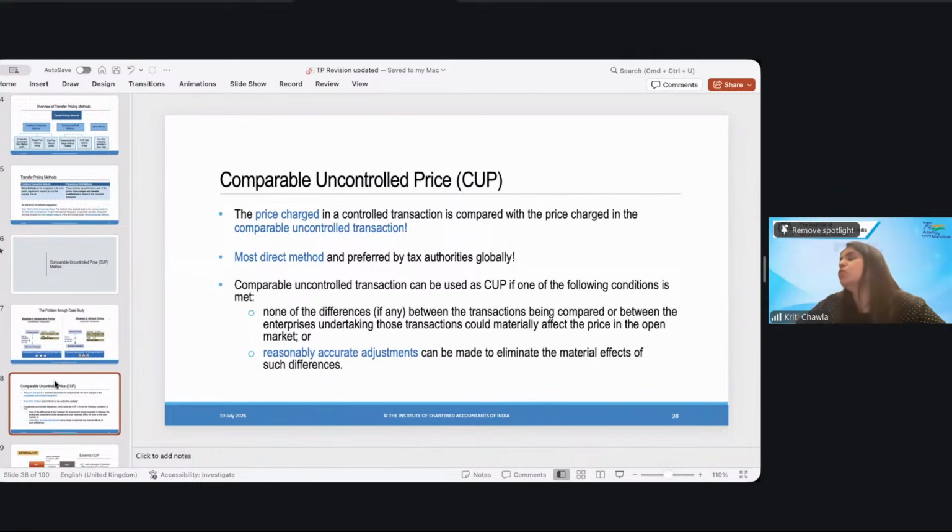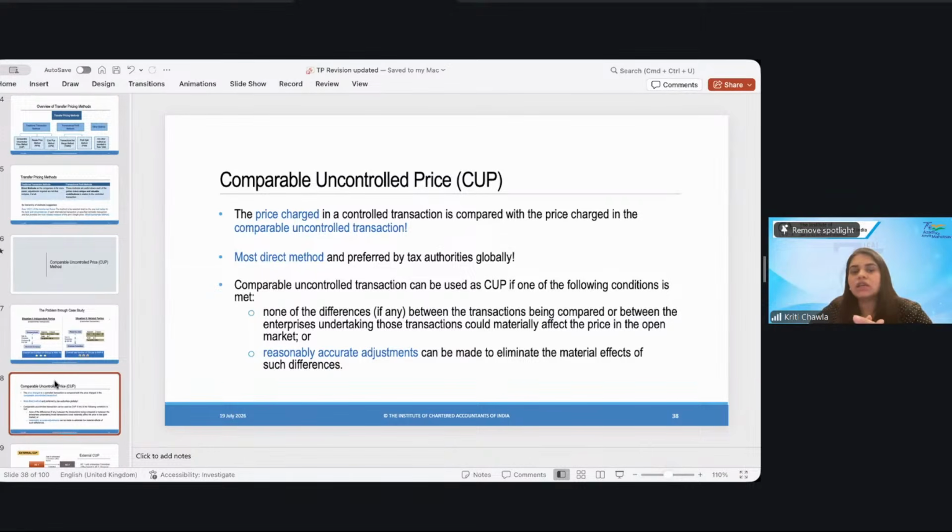So what you have to do in this situation is look at an independent party transaction. Now, is that independent party transaction comparable? If yes, then just adopt that price as the CUP price, as the comparable uncontrolled price. This is the most direct method and it is preferred by tax authorities globally.